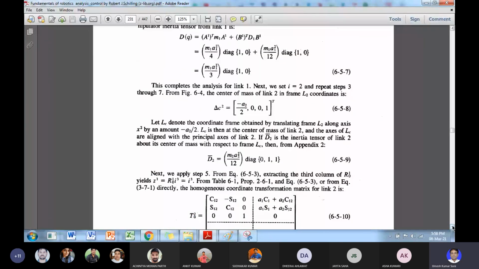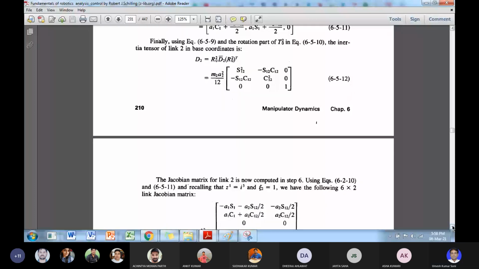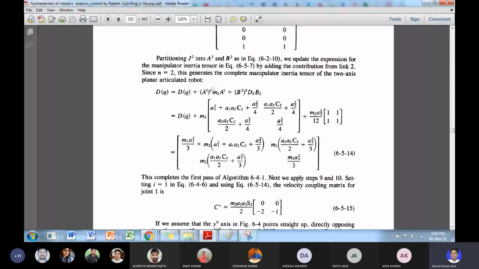And another equation was A2 transpose m2 A2 plus this. So this is d2q and this is d1q. Clear? So d1q plus d2q is completely added, and you get equation number 6.5.14.